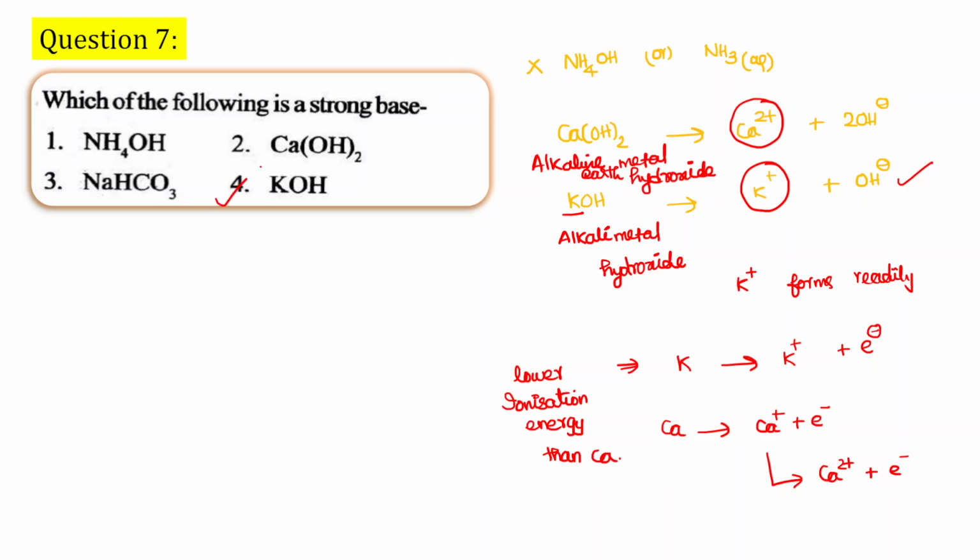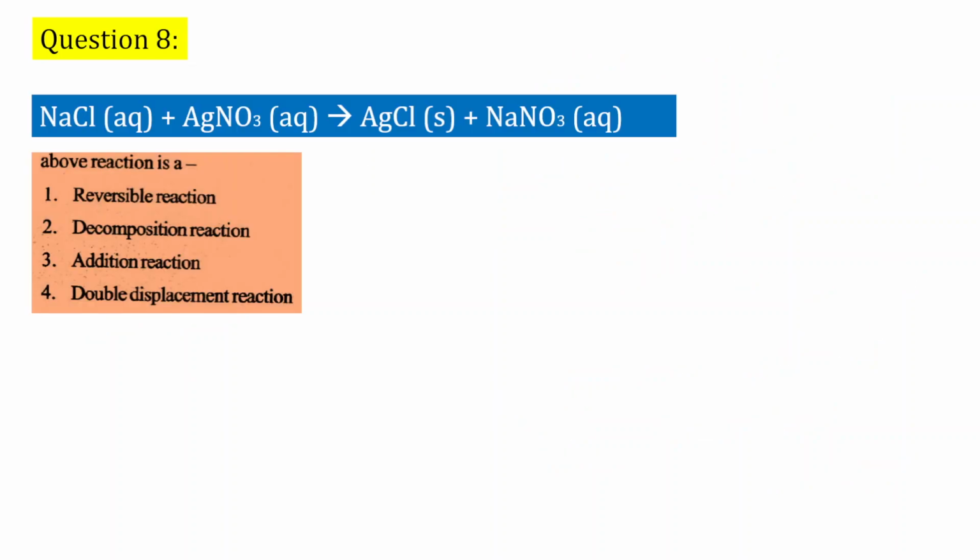When it comes to sodium bicarbonate, it is basically an acidic salt, and it forms a basic solution, which is slightly weak in nature. So therefore, we will consider 4 as the best answer for this.